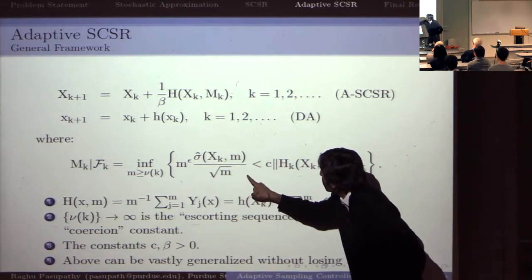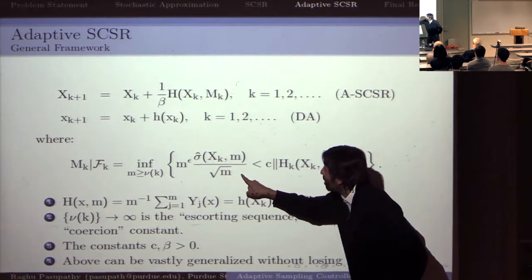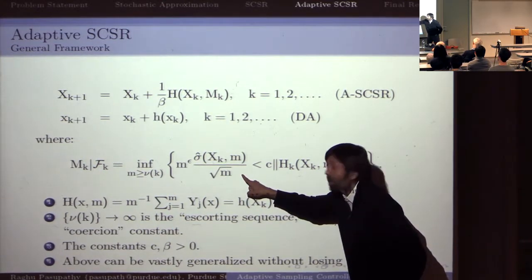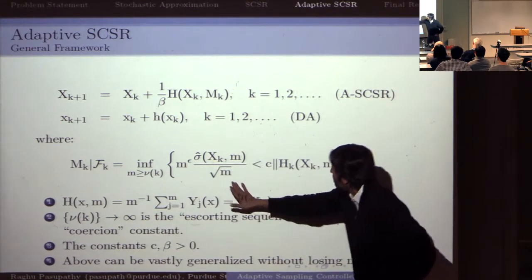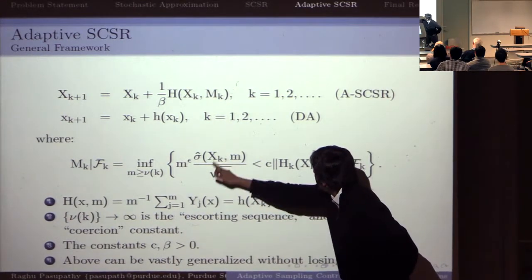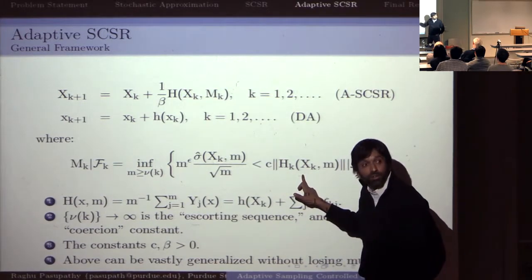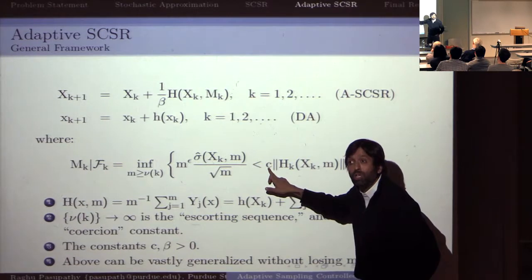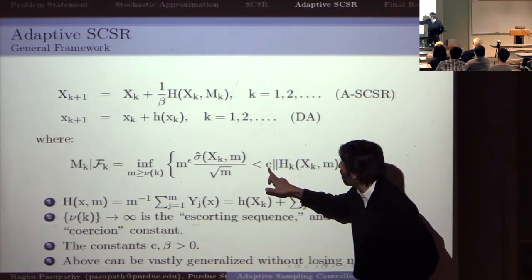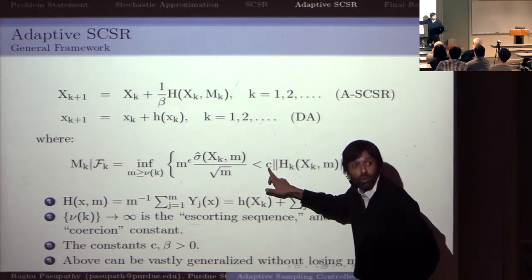This quantity right here, sigma hat divided by root m, is an estimate of the standard error of capital H. All right? So we are asking to make sure that the standard error divided by the object itself is less than a pre-specified threshold. So this should look like a signal to noise ratio to you.